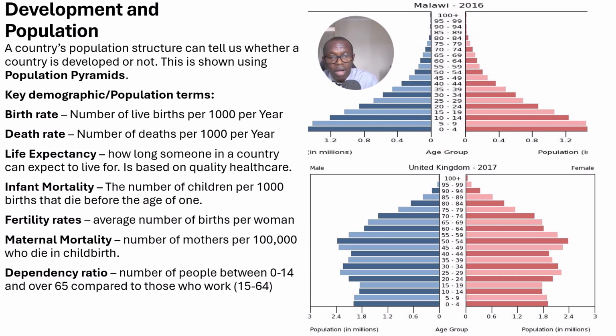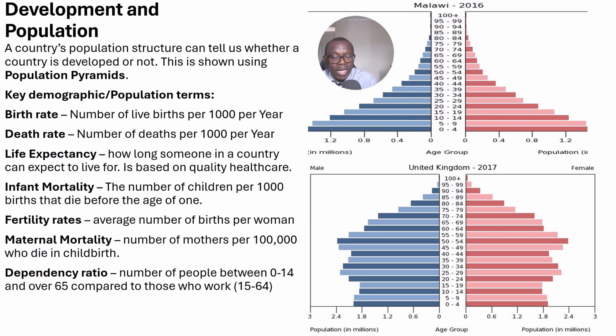Then we also have dependency ratio, which is the last key term we'll be talking about. And this refers to the number of people between the age of 0 to 14 and those that are over the age of 65, compared to those who work. Now, what does that mean then?